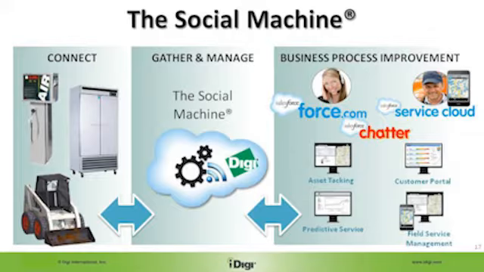They're going to join the conversation that is happening on Salesforce.com already between customers, dealers, service people, and the like. Here's how it works. We connect devices, then gather them into the Salesforce cloud through iDigi, and this plugs them right in for creating a comprehensive business process improvement.